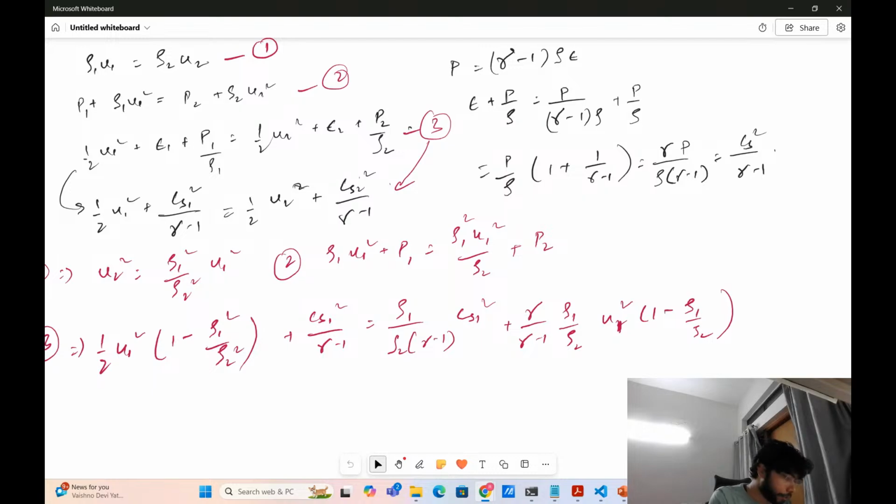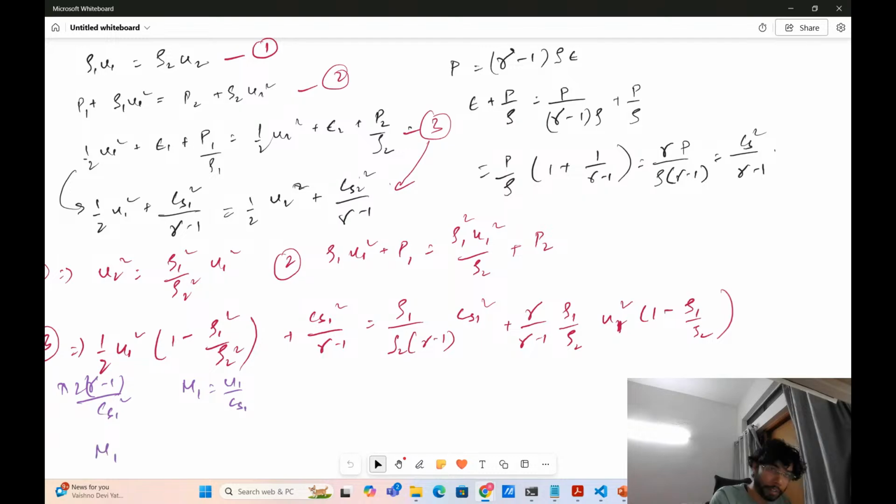Now what we'll do is we'll multiply this equation with 2 times gamma minus 1 and divide it with Cs1 square. And this is the step where we will use M1 equals U1 by Cs1.